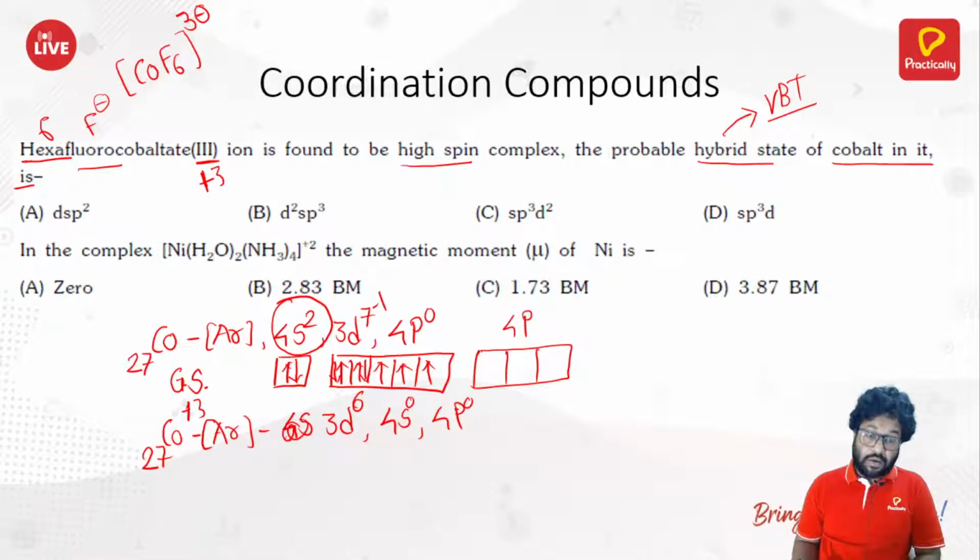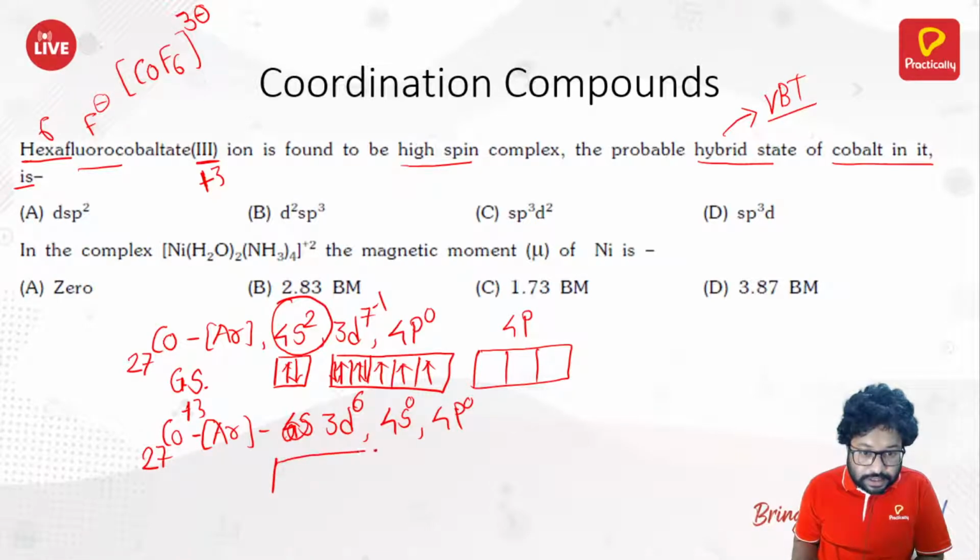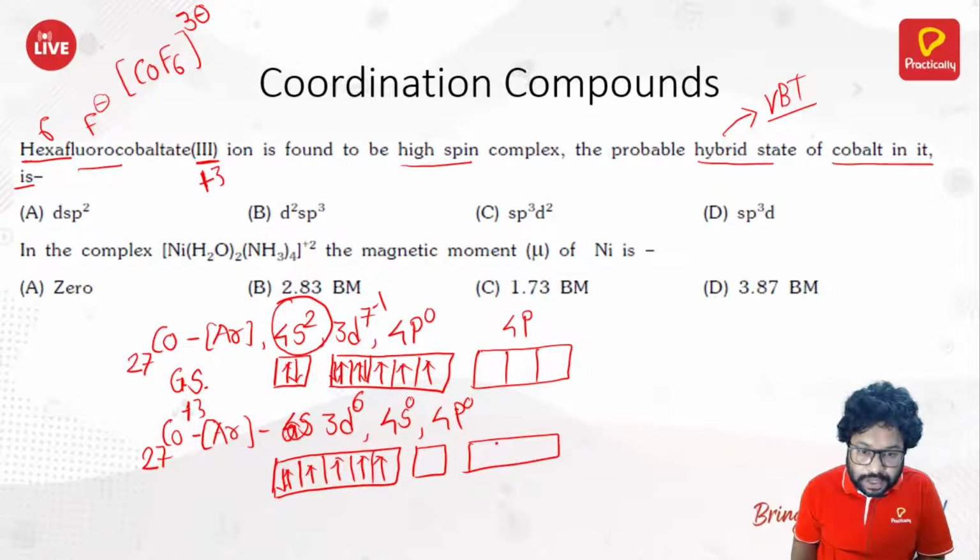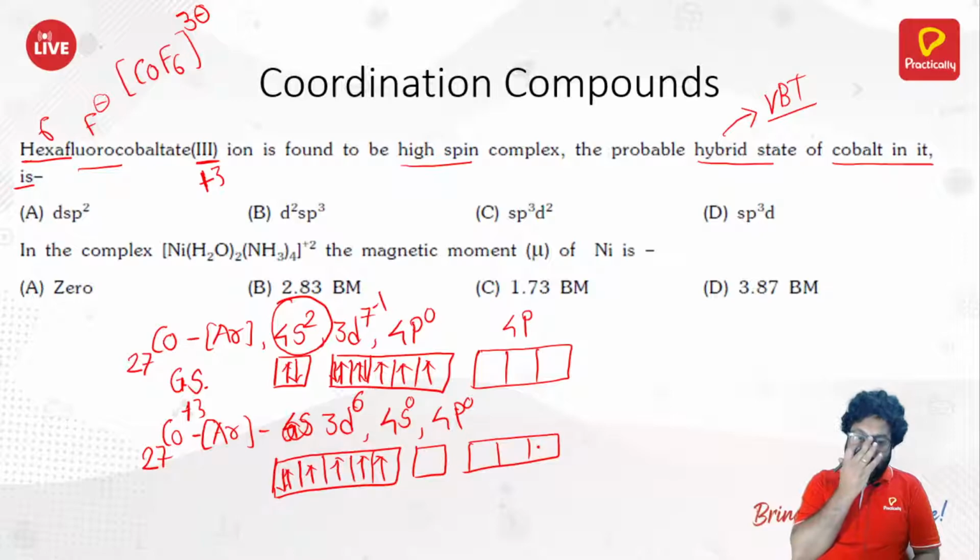Now how do you distribute these d electrons? 6 electrons will be distributed as 1, 2, 3, 4, 5, 6. Then you have 4s, and then you have 4p.